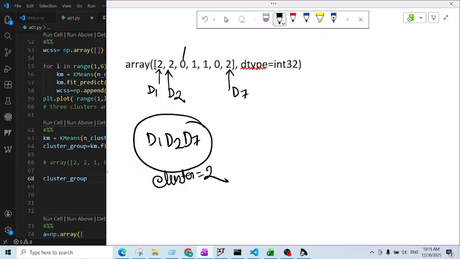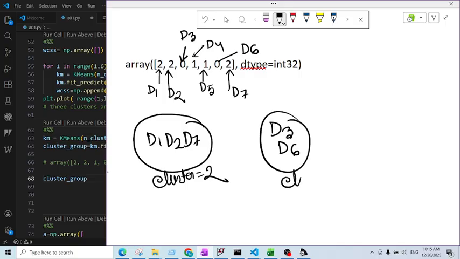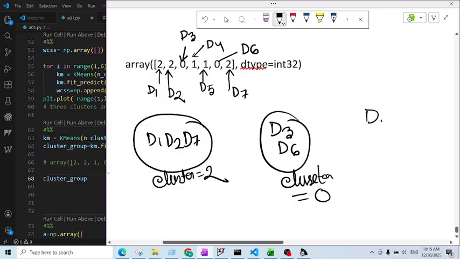Then this is day 3, day 4, day 5, day 6. You can see that day 3 and day 6 are included in cluster 0. That means the power uses of these 2 days are similar, and similarly day 4 and day 5 are in cluster 1.